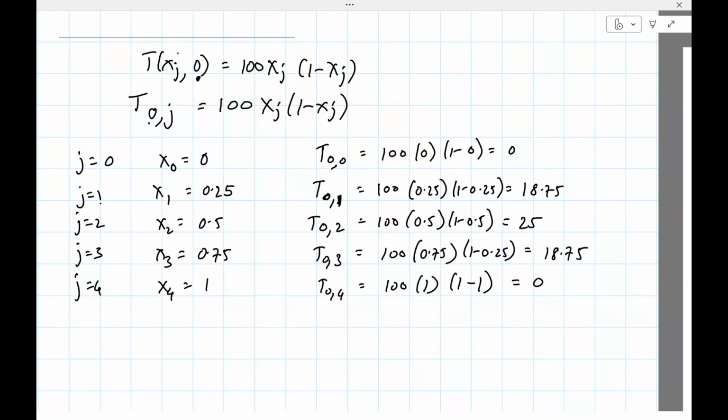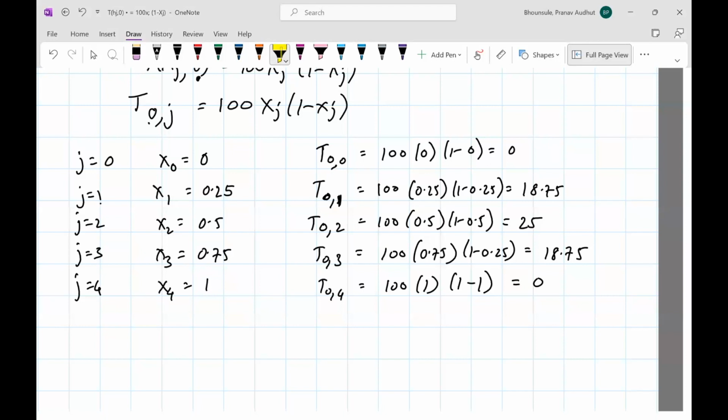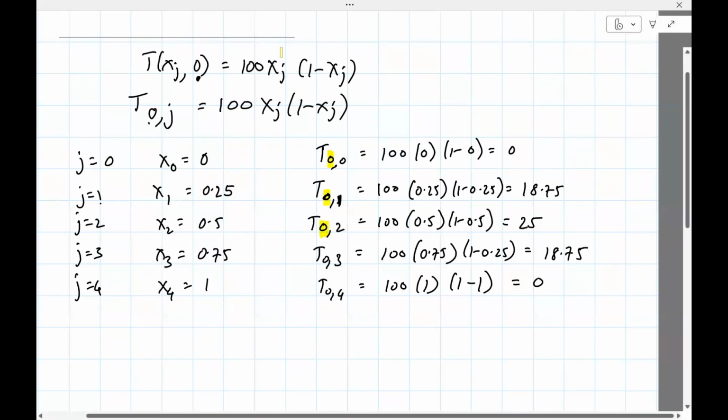So in this way, I figured out the value for the temperature at time t equals 0, because the first index is time.